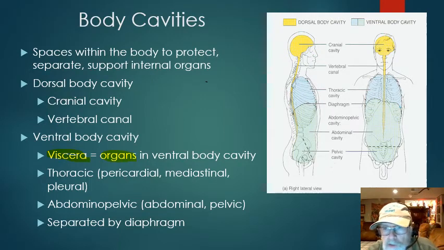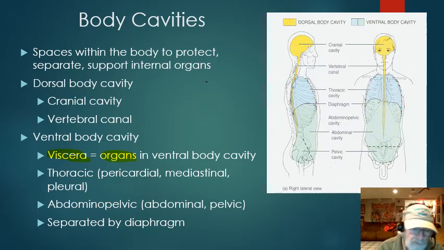The viscera are all these organs: the heart, the lungs, the liver, the spleen, the stomach, the intestines, the pancreas, the gallbladder, the bladder. All these are in this ventral body cavity, just a number of different organs. And they're called viscera. So if I ever say viscera during the course of the semester, I'm talking about some organ somewhere.